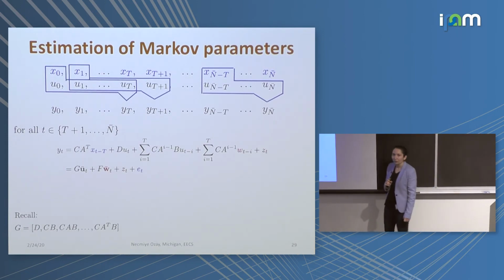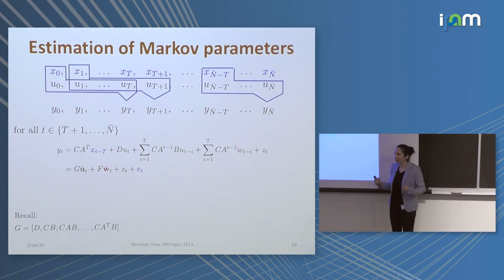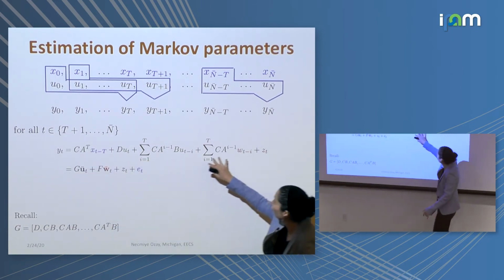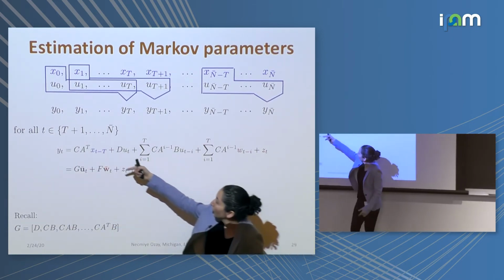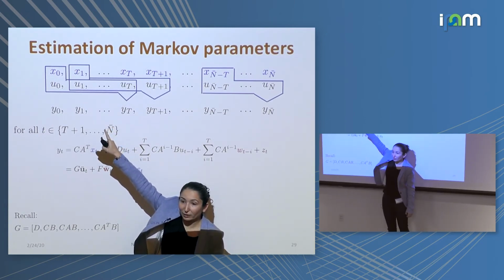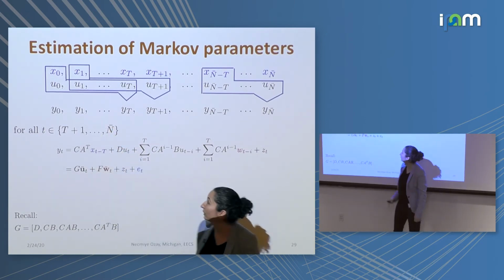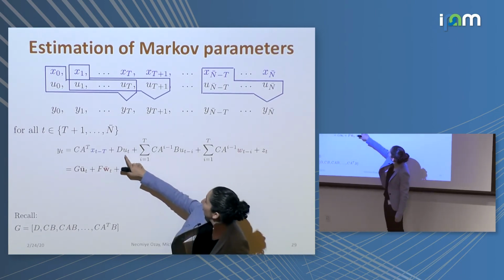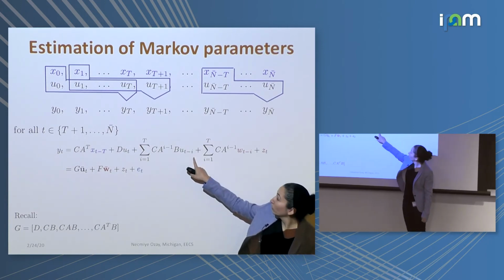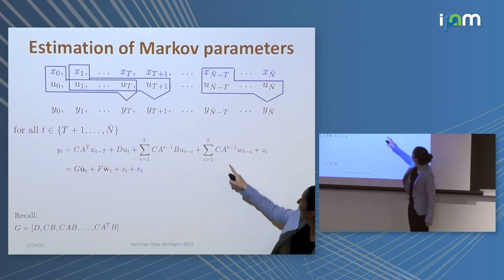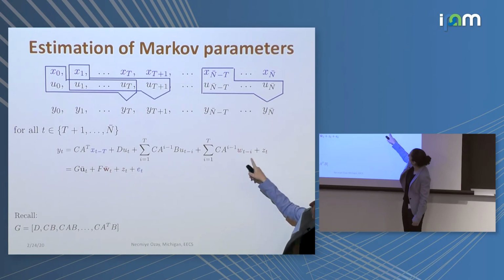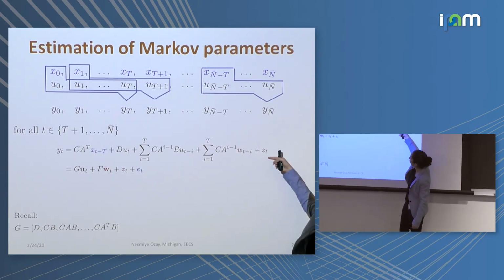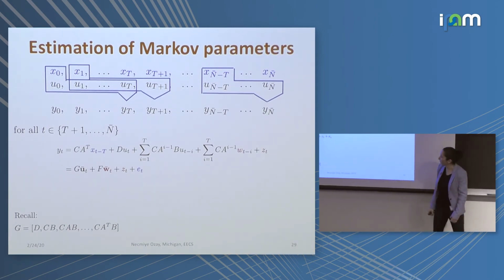So I can just open up a discrete time linear systems book, and I can write my y_t in terms of the initial condition T steps past, my current input, and my previous inputs in the last T steps. And there will be some effect of the process noise terms, and there will be some effect of the measurement noise as well.